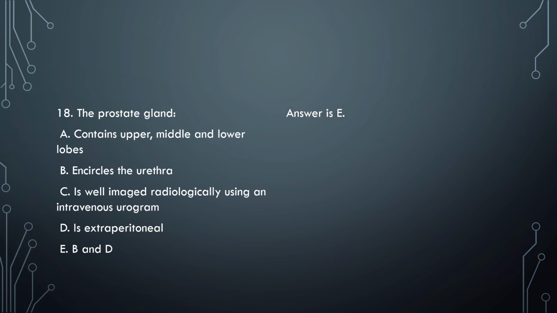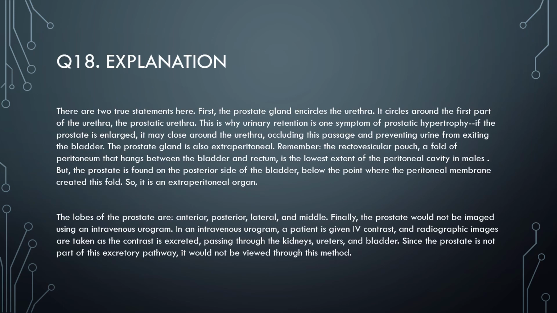The correct answer is B and D. It means that the prostate gland encircles the urethra and is an extraperitoneal organ. There are two true statements here. First, the prostate gland encircles the urethra.